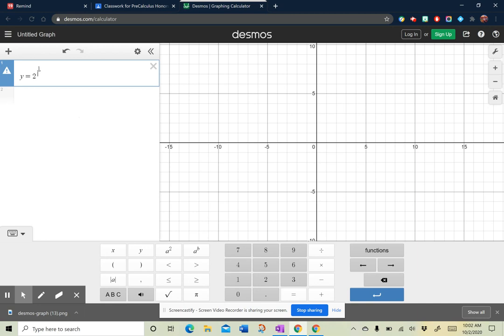So let's go parentheses x, what do you think, plus 5? What did that do to our graph? Well, it moved it left 5. Well, let's see if I can play with it some more. Let's go plus 2. Well, that moved everything up 2.